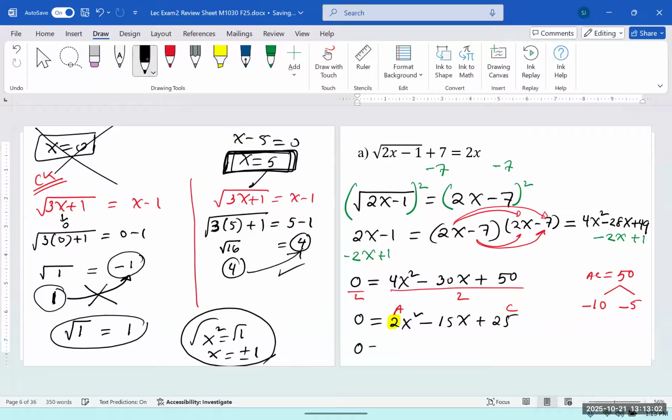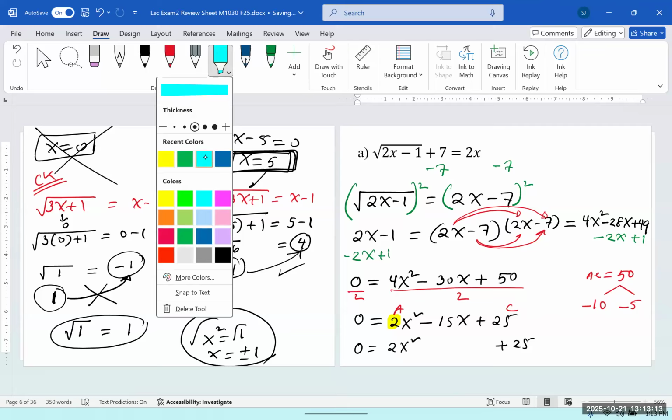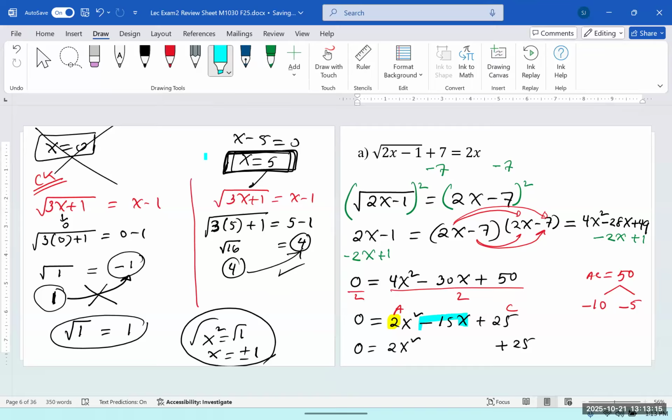So you keep your A term, 2x squared. You keep your C term, which is 25. And instead of this -15x, you're going to use the two numbers you just found, which is -10x, -5x.